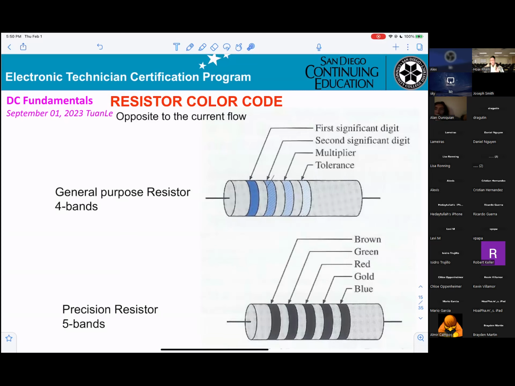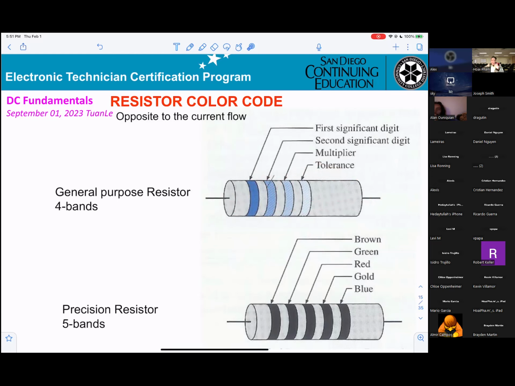That means they look at the color code and are able to tell you the value. But for a technician, if they give you a resistor, they can ask you what the value of this resistor is.